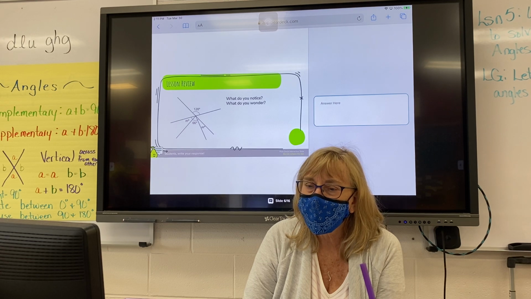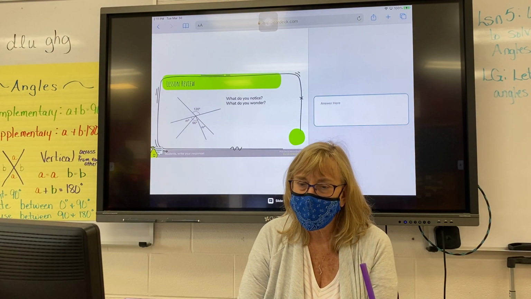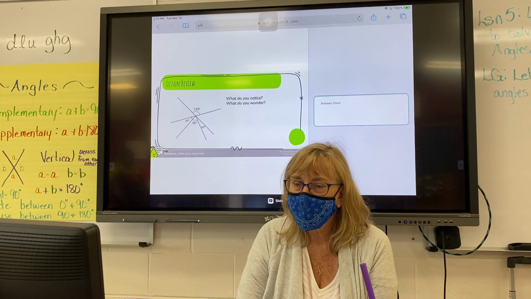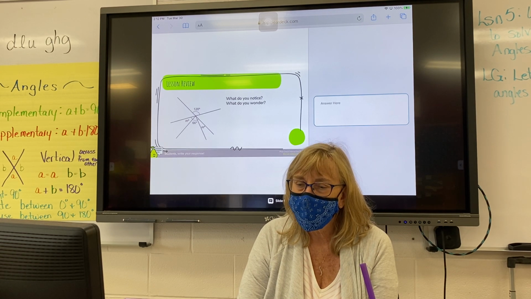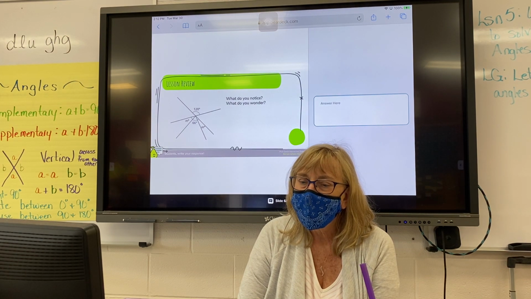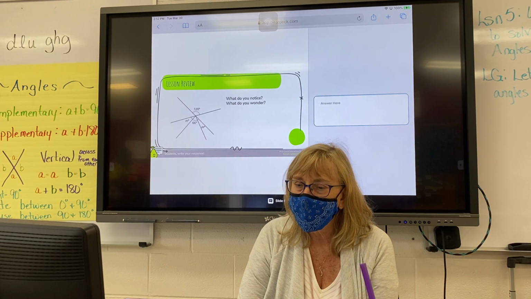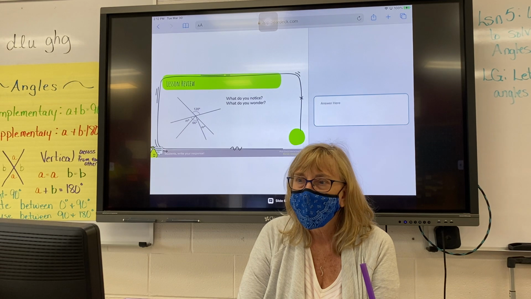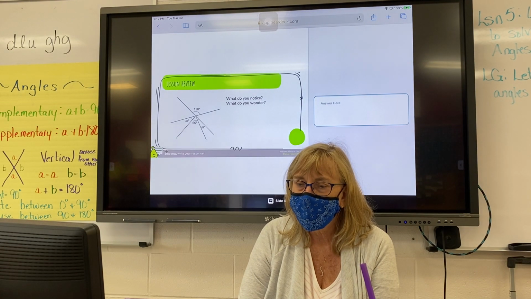So we're noticing there's M's, there's vertical angles. Somebody noticed that the M's don't look equivalent, but if they are both named M, they are equivalent even if they don't look equivalent, okay? And I agree they don't look equivalent.